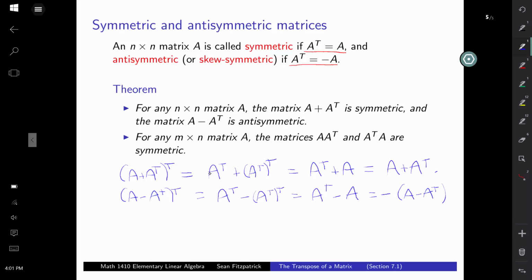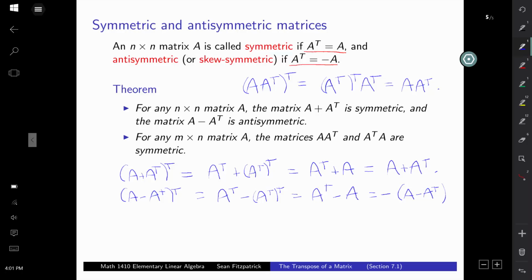The other result is similar. If I take the transpose of A times A transpose, I have to use the product rule, which says I take the transpose of each one, but in reverse order. So the transpose of A transpose times the transpose of A, and again, transposing twice gives me back A, and I'm back to where I started.